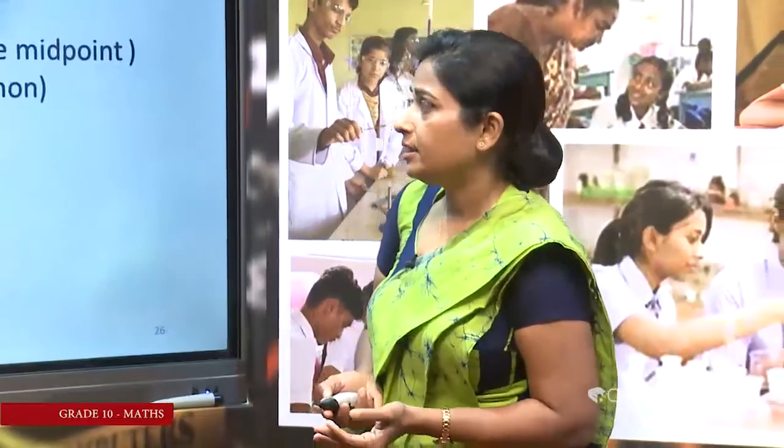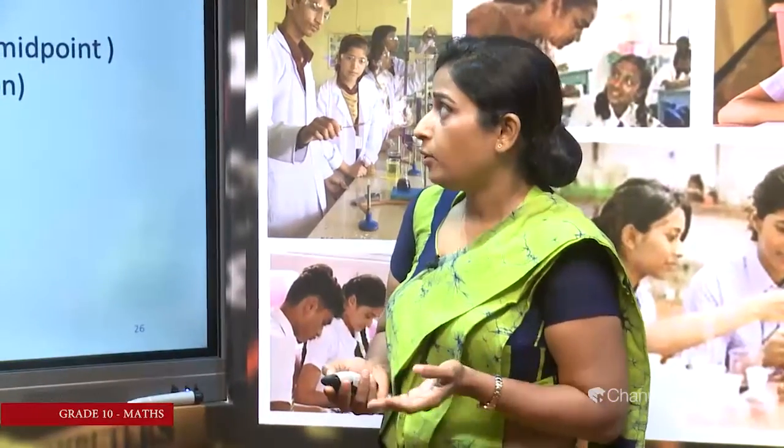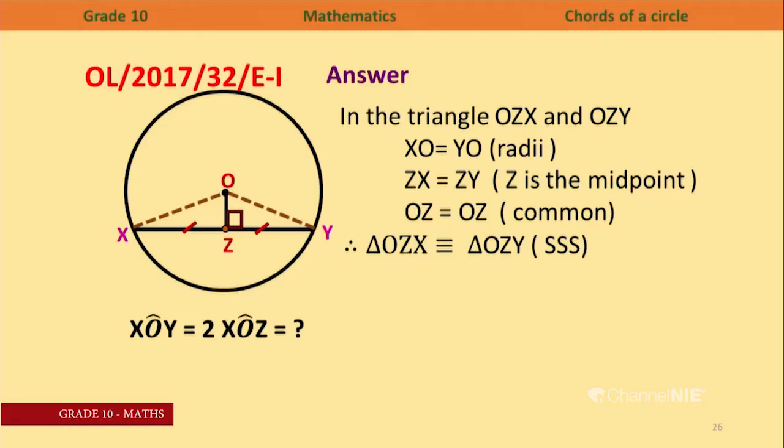Therefore, we can say OZX and OZY are congruent triangles under the case of SSS, side, side, side. So, we have proved those 2 triangles congruent.